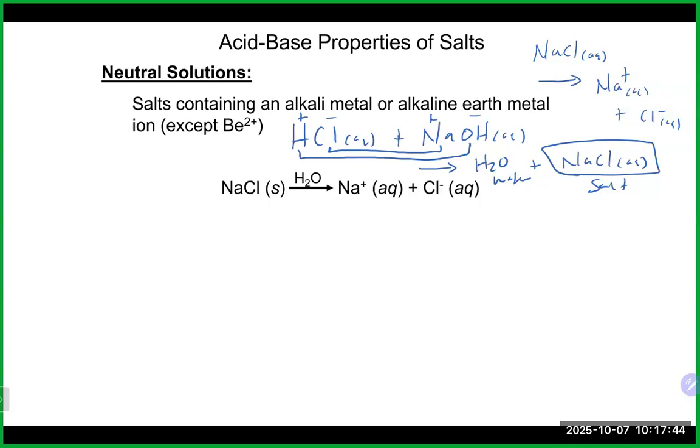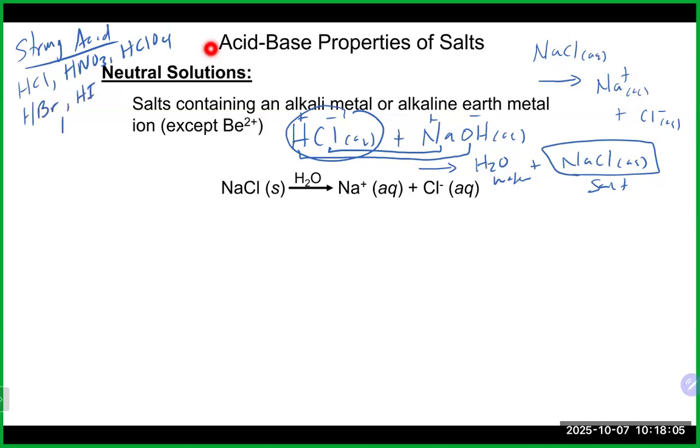So when we think about where this salt came from, HCl is definitely a strong acid, right? We have that list of strong acids that we talked about: hydrochloric acid, nitric acid, perchloric acid, hydrobromic acid, hydriodic acid, and sulfuric acid. These are our strong acids.